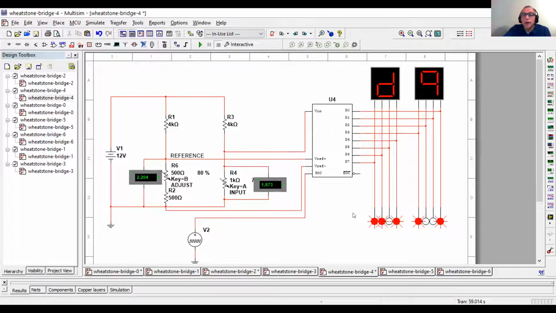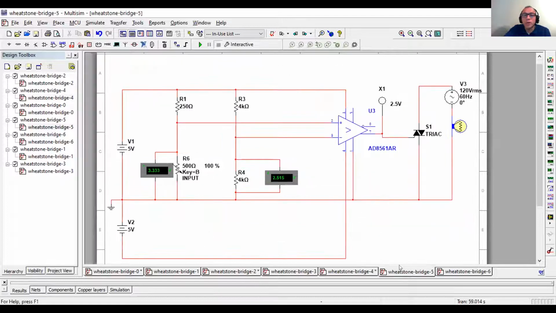I'll stop that and I'll move over. So what I've done here now is I've taken our Wheatstone Bridge, okay? And now I've put the variable on the bottom left. So I've taken VA and VB and plugged them into a comparator.